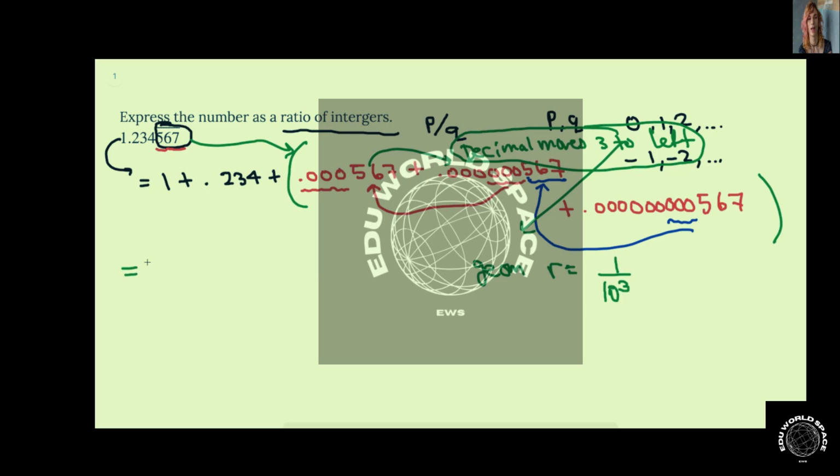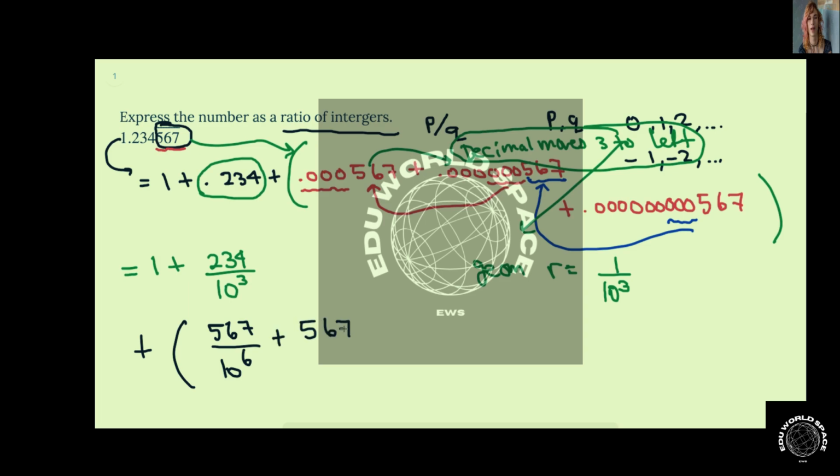So now let's go ahead and start rewriting these as fractions. I can write this fraction here as 2, 3, 4 over 1,000. So let me just write that over 10 cubed. And then inside the parentheses, we have 5, 6, 7 over 10 to the 6th.